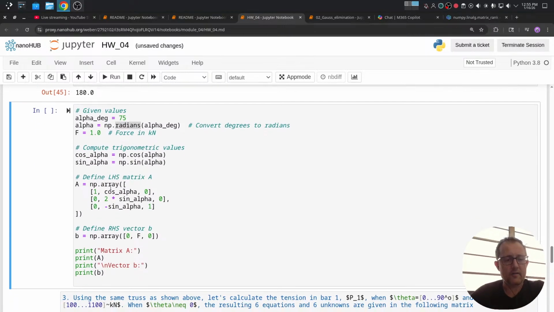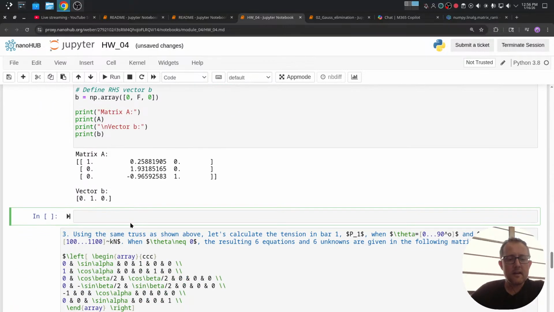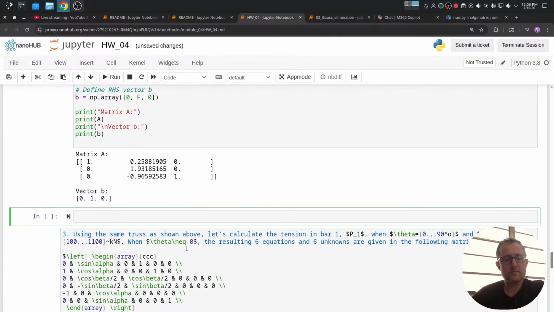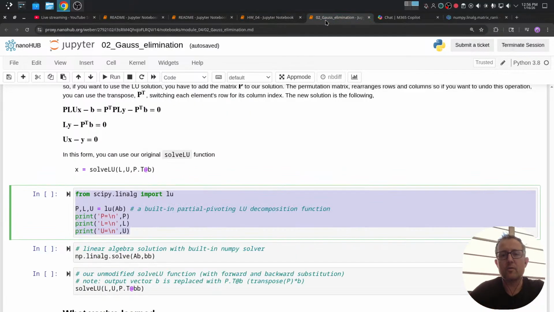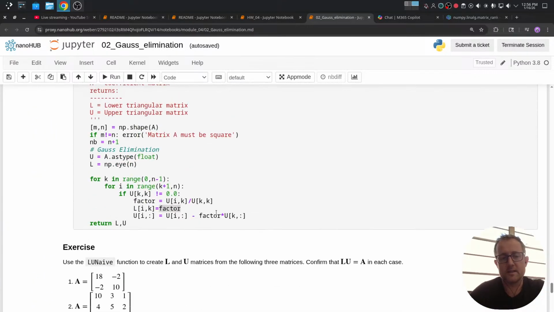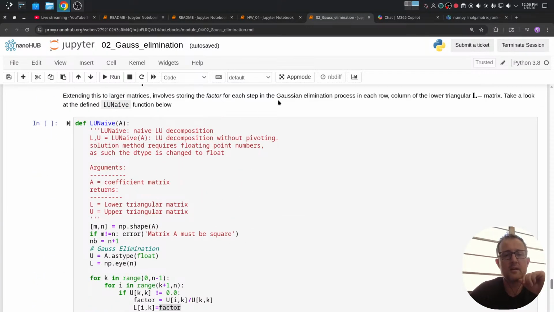All right, so now I've got my left-hand side matrix, my right-hand side vector, run that. And if I'm trying to create that LU decomposition for this one, I can either grab the stuff from the reading, which is kind of spelled out for me, and if these made sense, like if it was helping you understand the problem, then that's great.